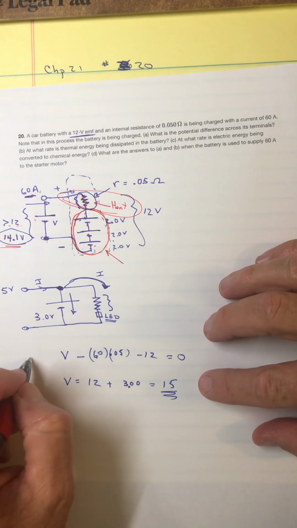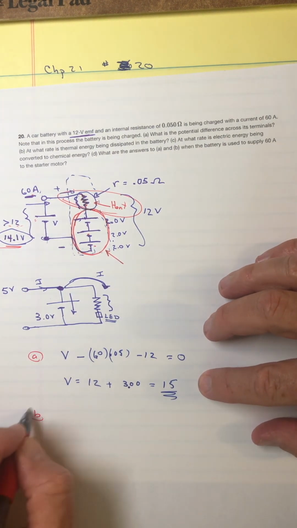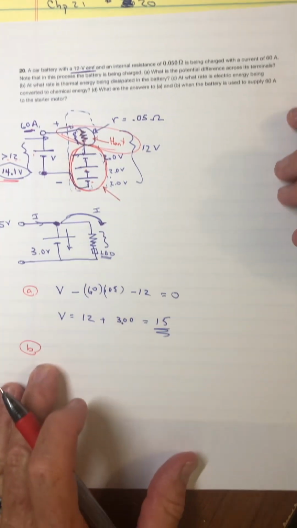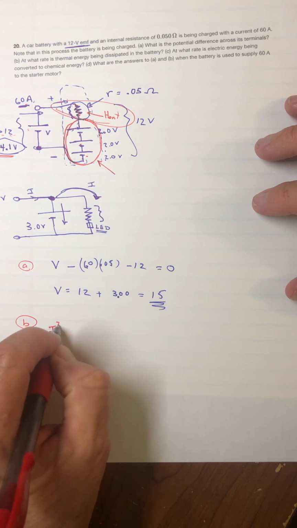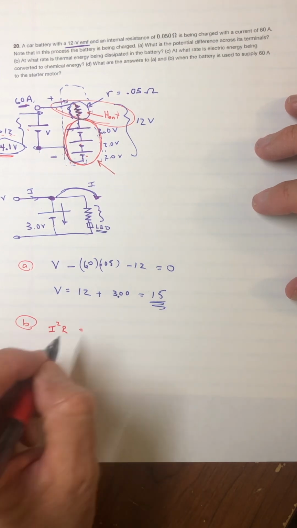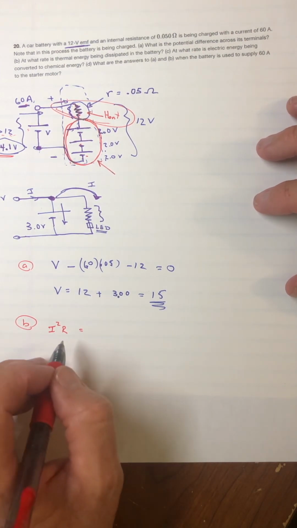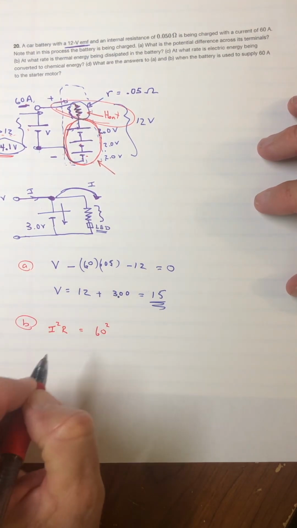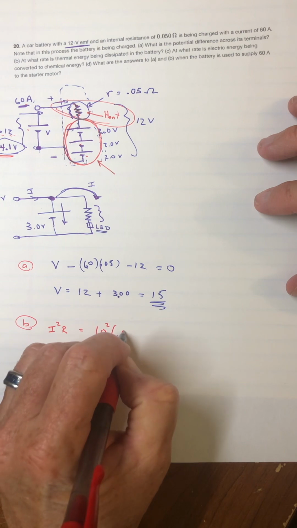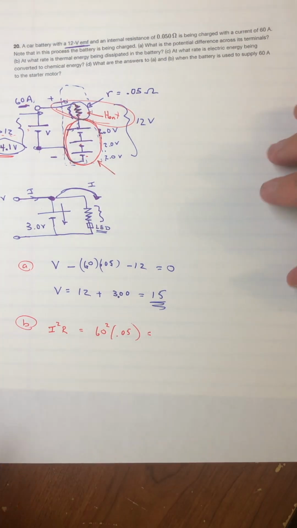And so I guess this was A, and then B would be the energy in that internal resistor, which we could write as I squared R. We could also write it in the other forms, but this one makes sense because we know the current is 60, so 60 squared, and the resistance is 0.05.